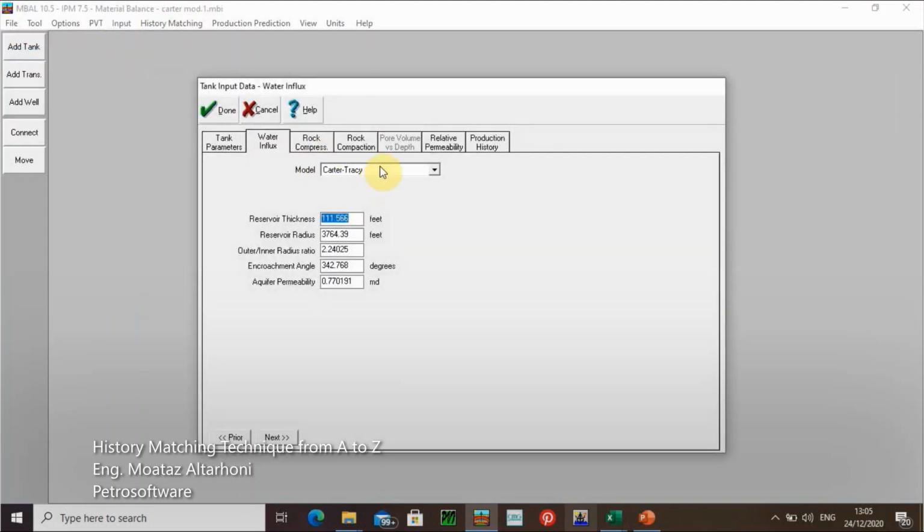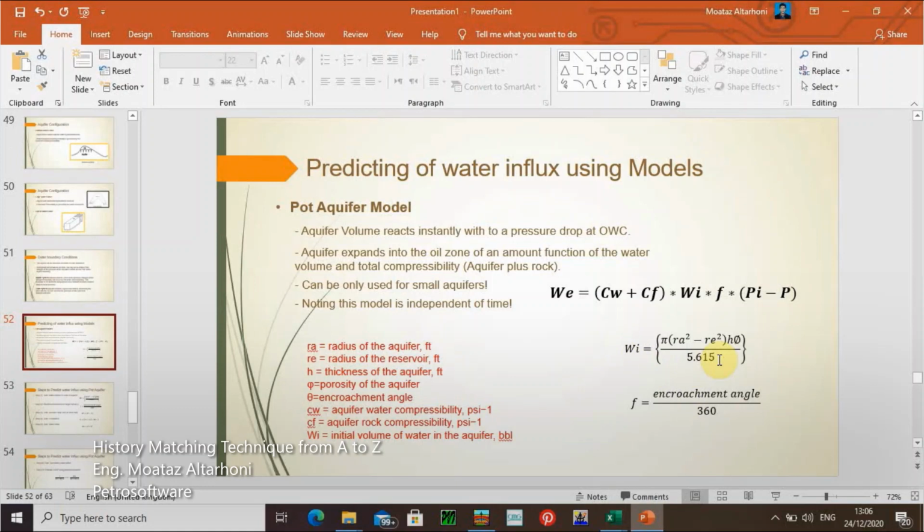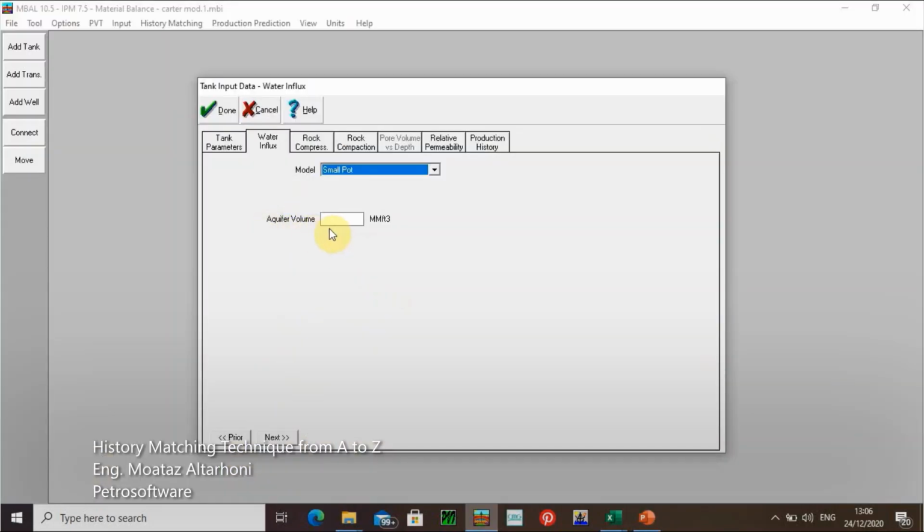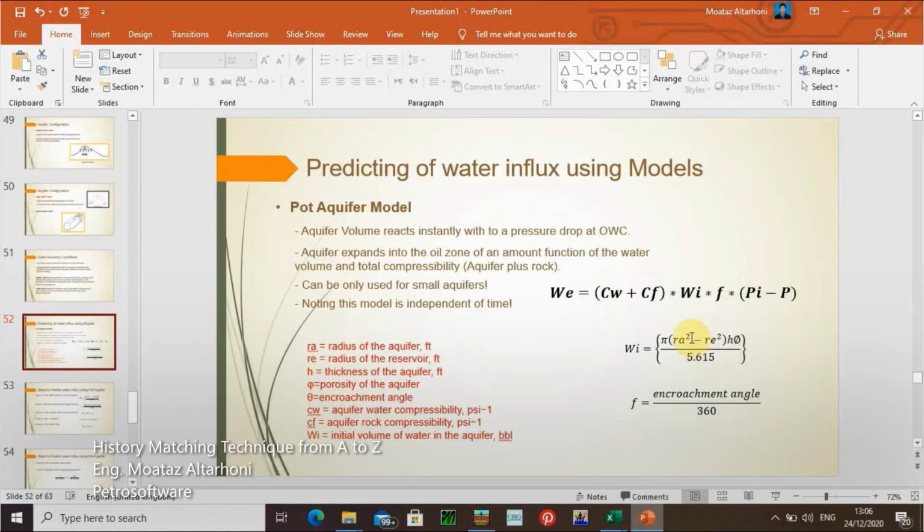To see if I use the small pot aquifer volume: what does aquifer volume mean here? It needs the initial volume, which must be a first guess, a first assumption. We need to enter this initial volume in million, because until now we don't have any information about the aquifer, especially this number.